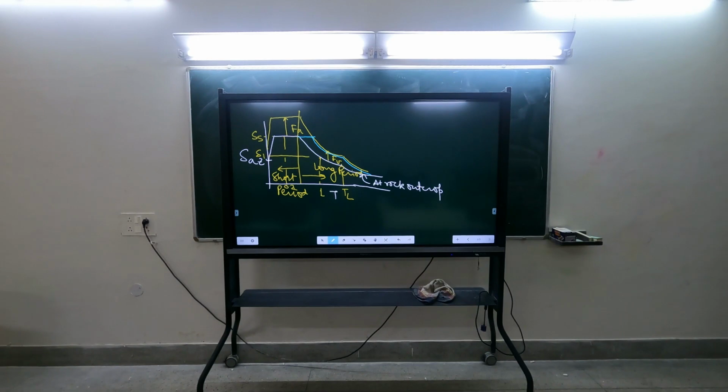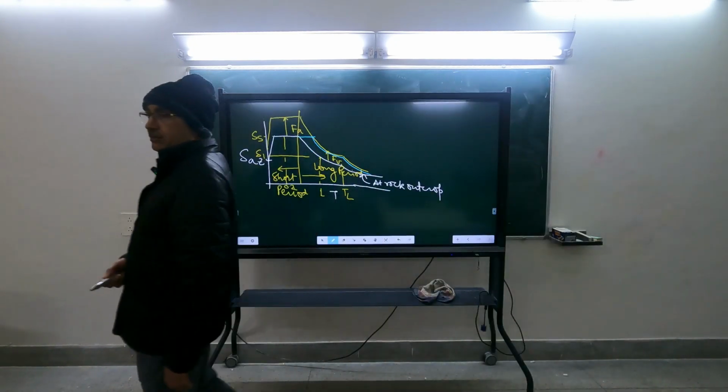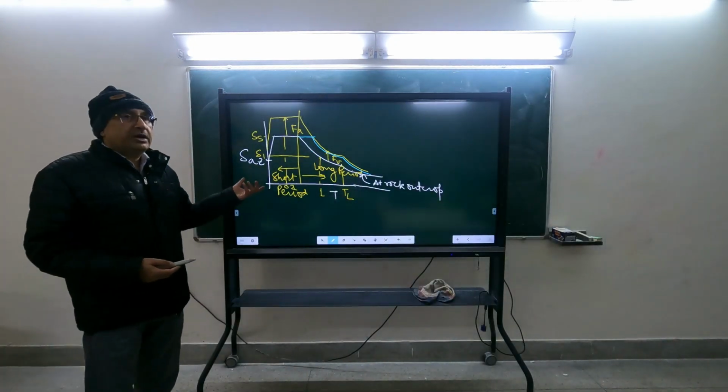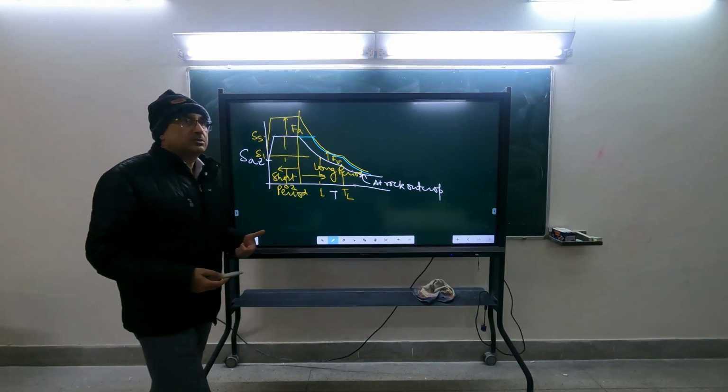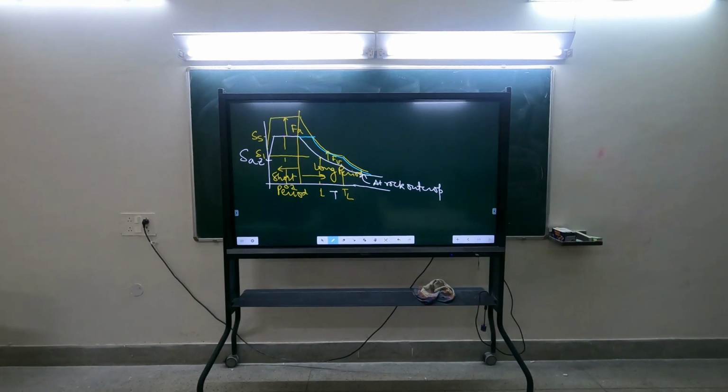In zone 2, where intensity is lower, so wherever intensity is lower, you have to be careful, our code is not correct. In lower zones, for example zone 2, if you have a soft soil, the response spectrum can be higher than rock in zone 4.